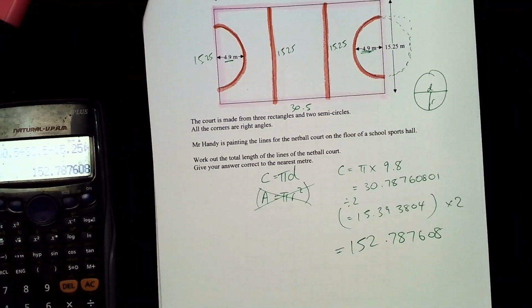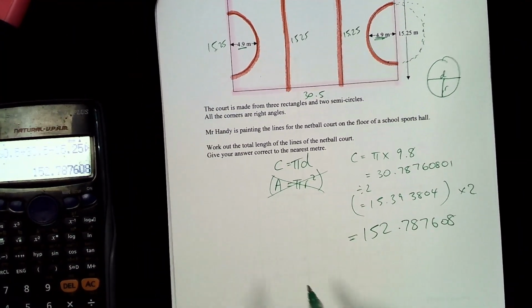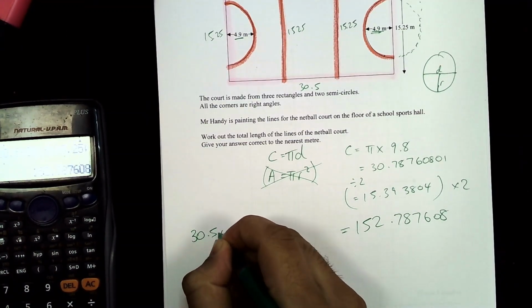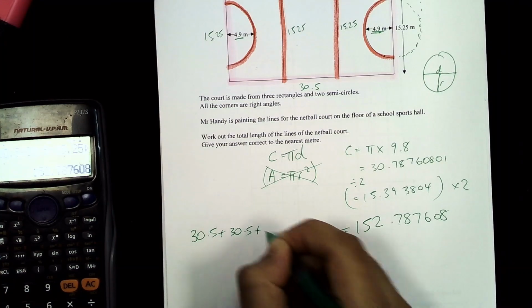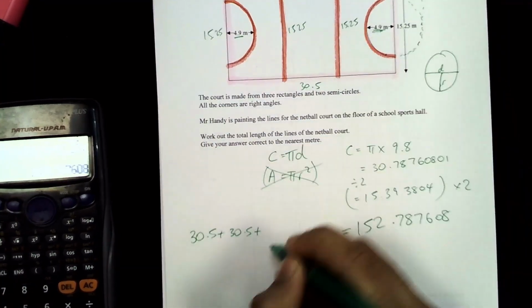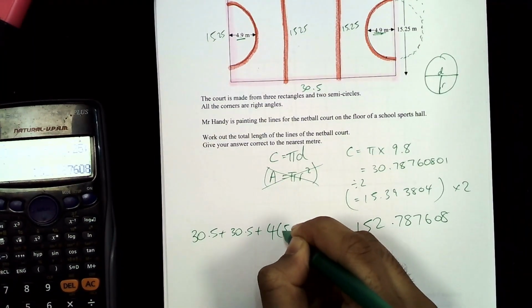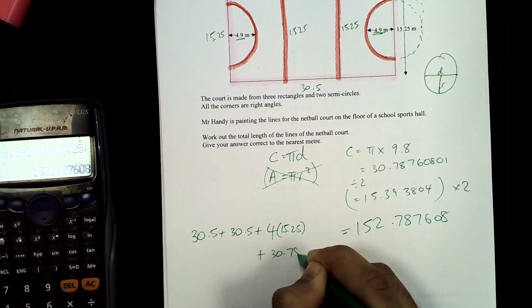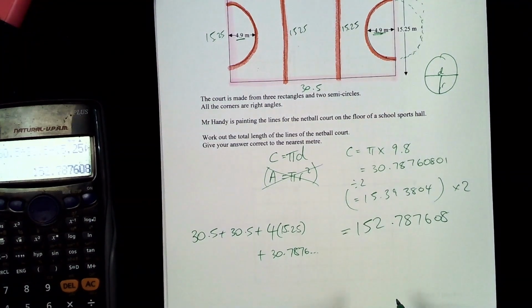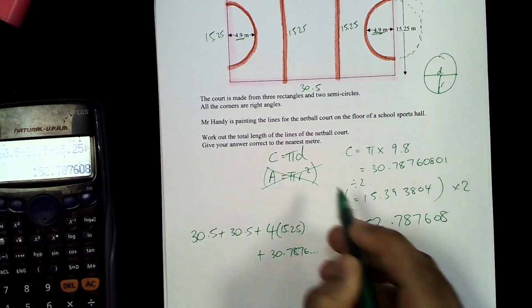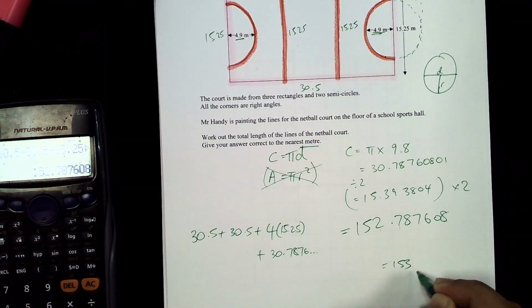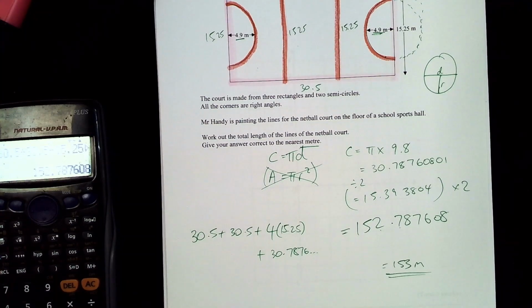Okay, what I've done there is I've just added together, I will write it because I know I've just put it on the calculator, but in case you've lost me along the way, 30.5 plus 30.5 plus 1, 2, 3, 4 lots of 15.25 plus 30.7876 and so on, and that gives me a total of this. It's said to the nearest meter, so 7 is going to round this up to 153 meters. So there's your answer, 153.